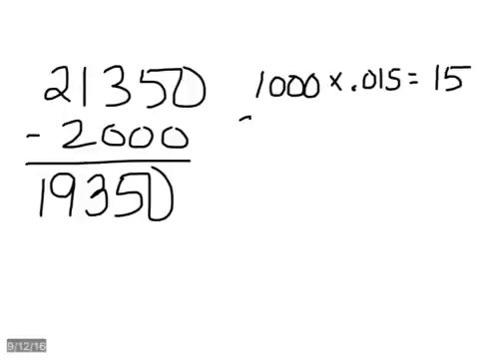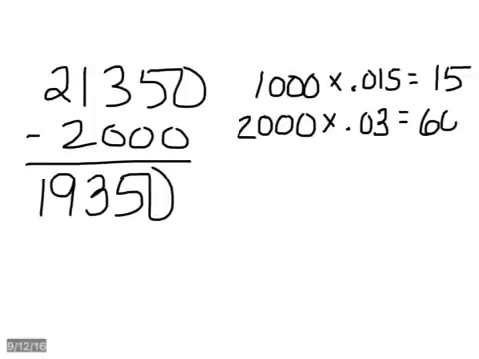Then it says on the next 2,000, he is taxed at 3%. Now, right now, I'm accounting for $3,000 worth of his annual salary. Did Eddie make more than $3,000? Yeah, he did. So what's 2,000 times 0.03? 60 bucks.